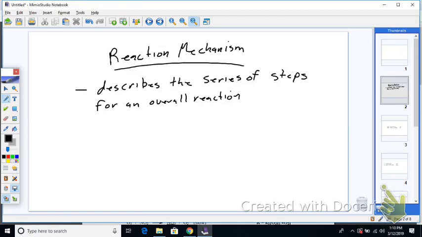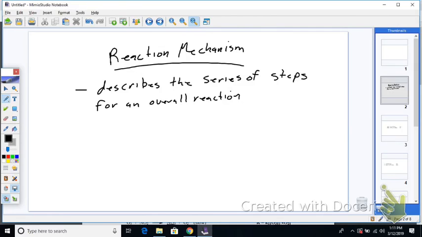So each of the reactions that we write out, the individual steps, are called elementary steps. And they talk about this thing called molecularity. And it's defined as the number of species that must collide to produce a reaction. So there's different types of collisions that can take place.